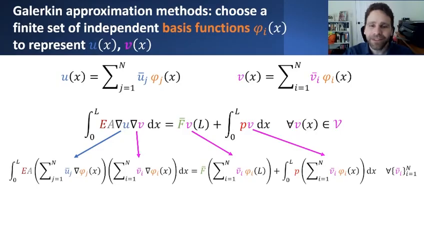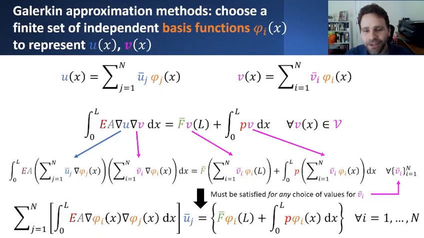We could exploit that realization to manipulate this equation a little further, rearrange some terms, factor out the summation over i equals 1 to n, and then argue that if V bar sub i is arbitrary, then the resulting expression that multiplies that particular V bar sub i has to be equal to 0.